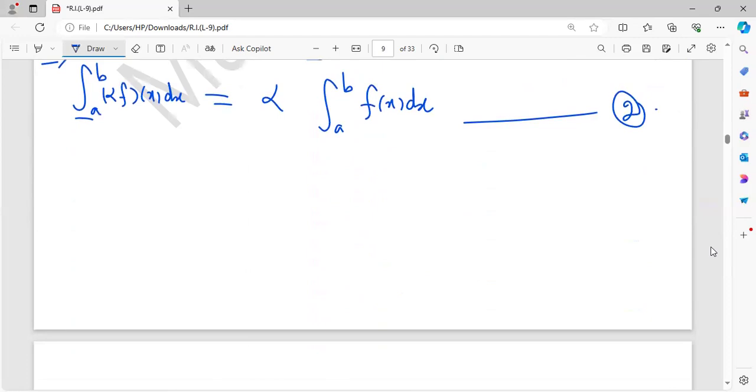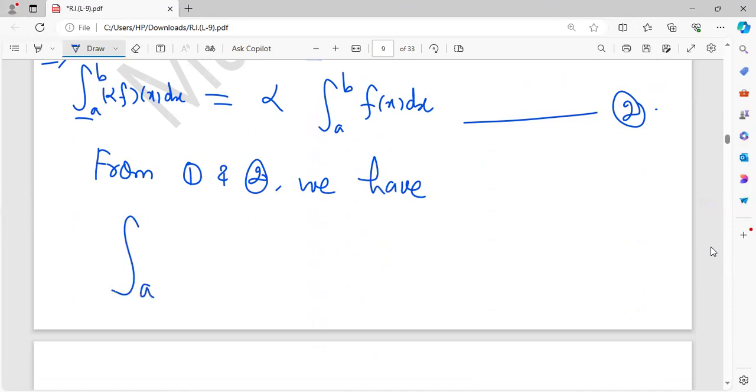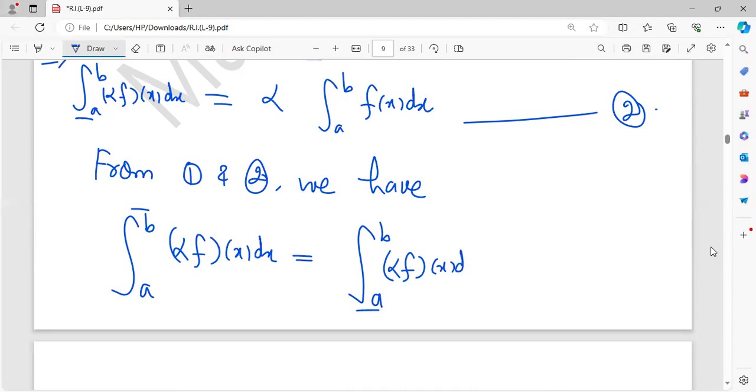So from 1 and 2, we have that the upper integral of alpha f is equal to the lower integral of alpha f, which is equal to alpha times the integral from a to b of f(x) dx.